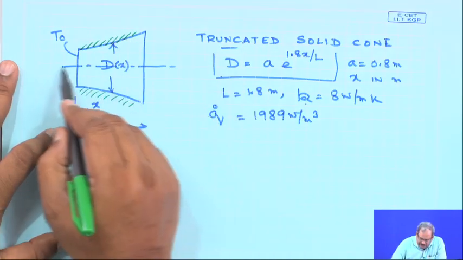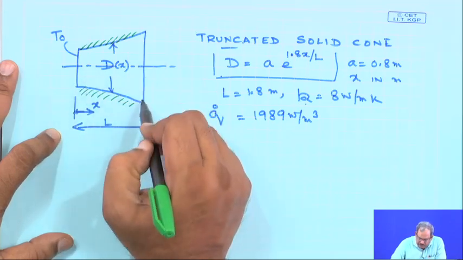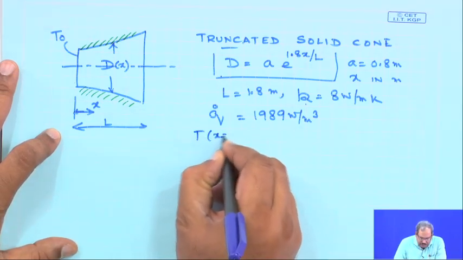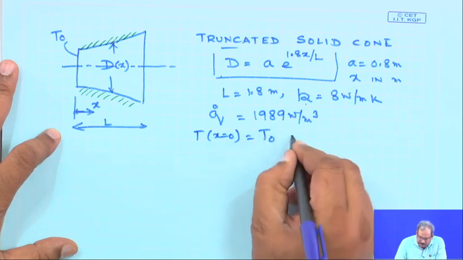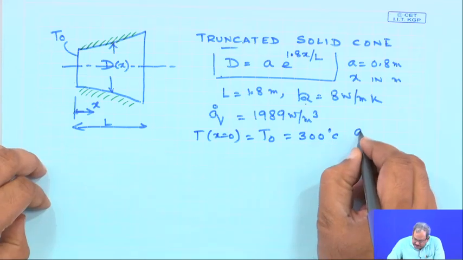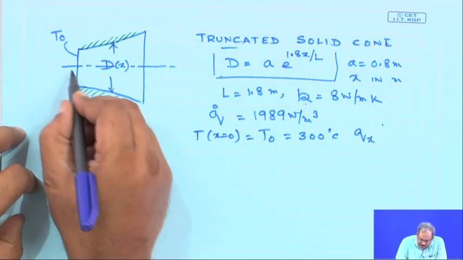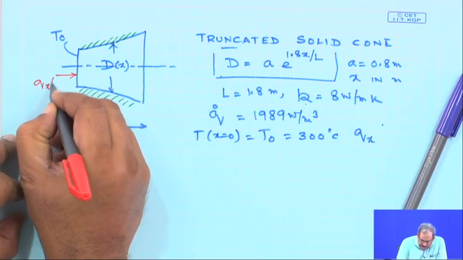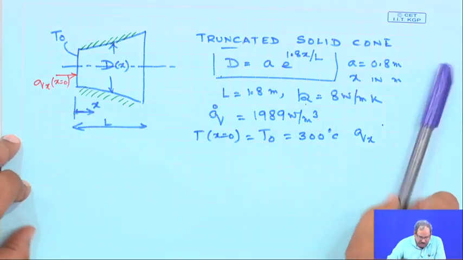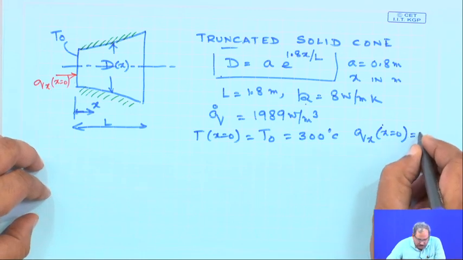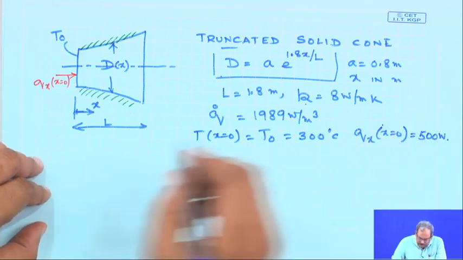So heat can enter or leave only from these two ends, at x equal to 0 and x equal to L. The temperature at x equal to 0, which I call T0, is known as 300 degrees centigrade, and the heat rate, that is the amount of heat which comes into the cone, Qx at x equals 0, is 500 watt.